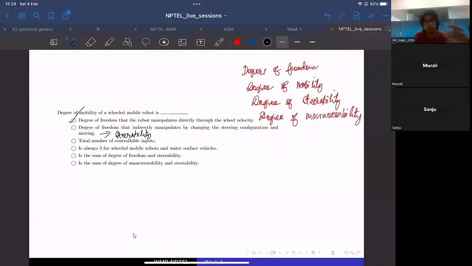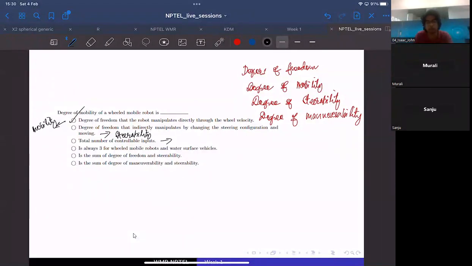We are not directly manipulating the wheel's velocity. We are indirectly manipulating the wheel velocity by using a separate axis, that is, manipulating the steering axis. So that is called the degree of steerability. And in the first definition, we have direct control over the wheel's velocity, that is the degree of mobility.